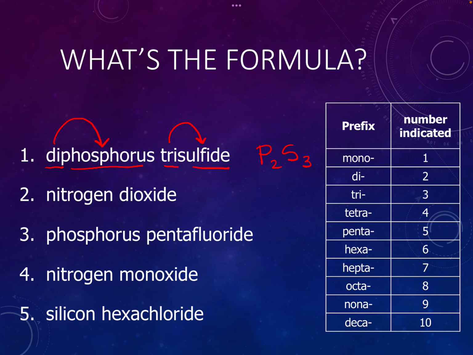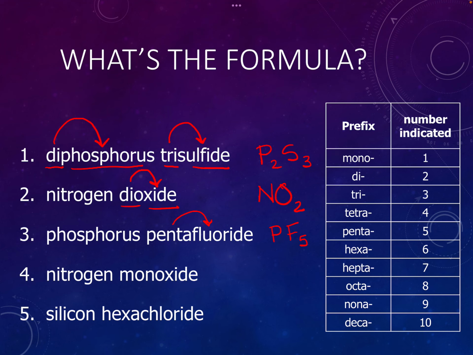So this next one, this is nitrogen. There's no prefix, so that tells us there's just one. Dioxide, so that tells us 2 oxygens, so O2. For the next one, we just have phosphorus, so no prefix, that tells us just one. Pentafluoride tells us 5 fluorines.